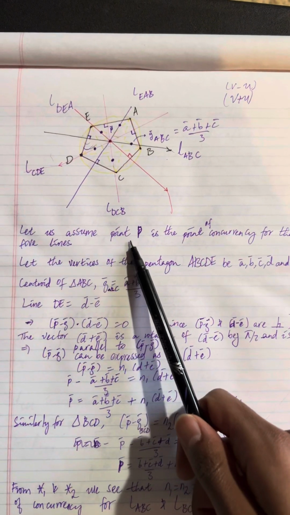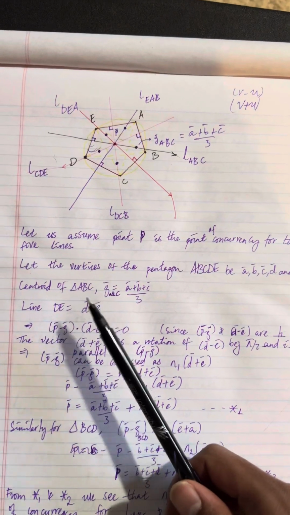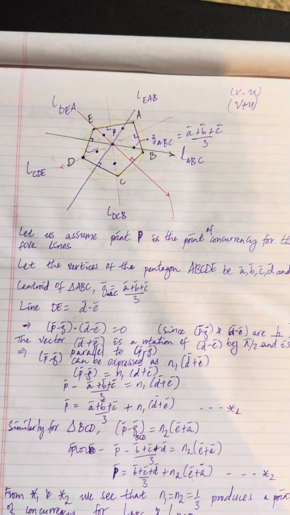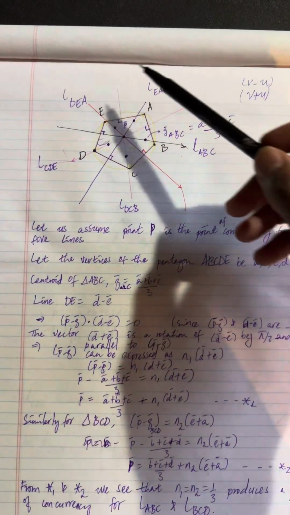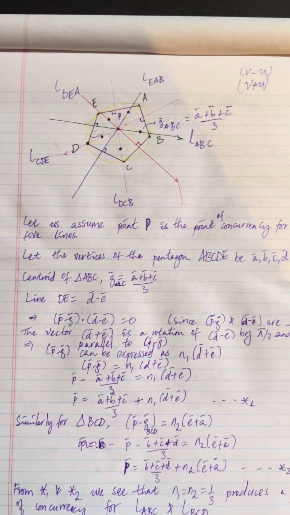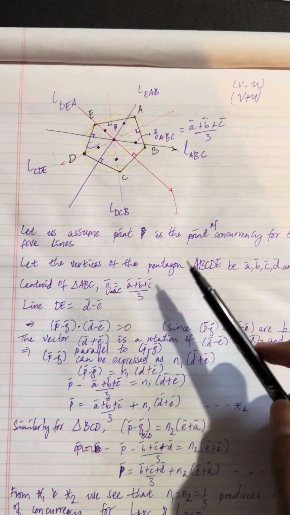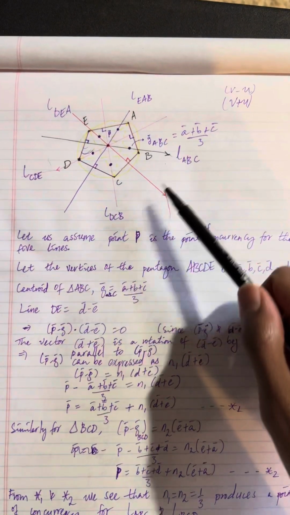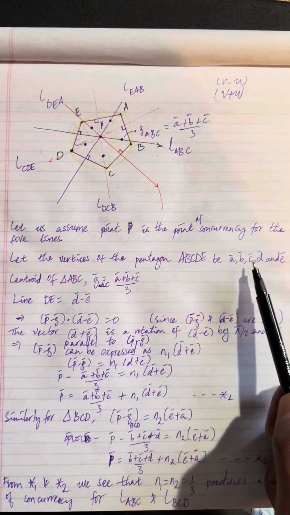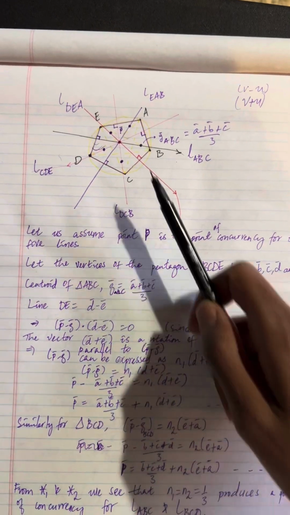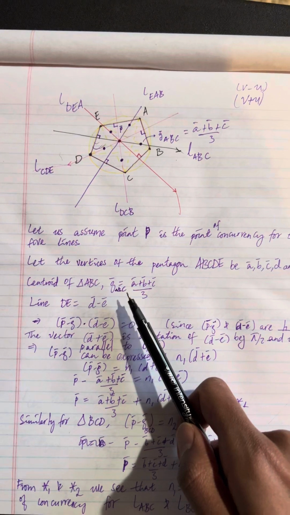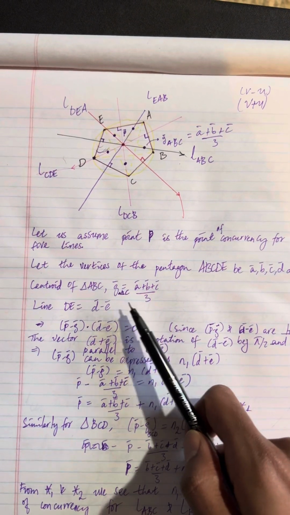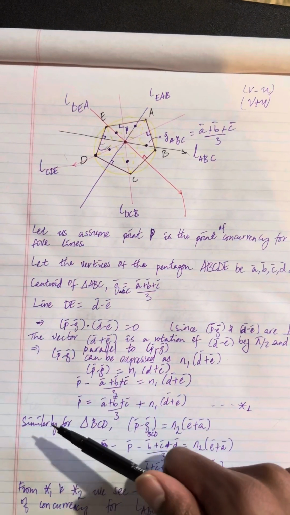So assuming the point of concurrency exists, we will then proceed to show that its position vector is similar for all 5 lines. So the first thing we are going to do is represent the vertices by position vectors A, B, C, D, and E. And assuming the centroid of the triangle ABC is A plus B plus C over 3, we call that ℓABC.